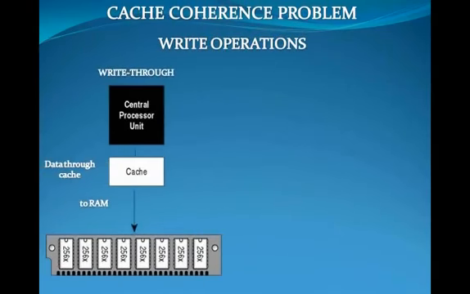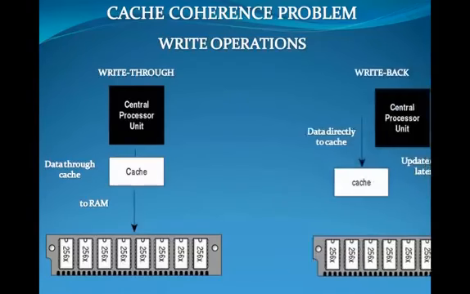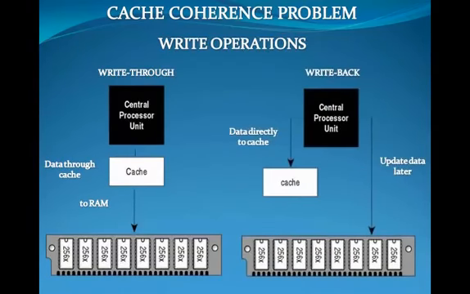When data is written to the cache, it must at some point be written to the RAM as well. The timing of this write is controlled by what is known as the write policy. In a write-through cache policy, every write to the cache causes a write to the RAM. Alternatively, in a write-back cache, writes are not immediately mirrored to the store.